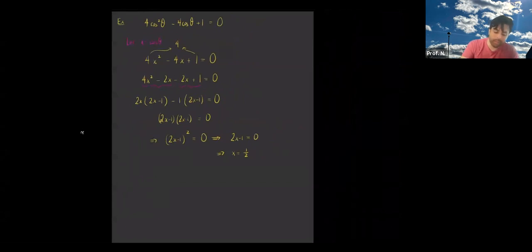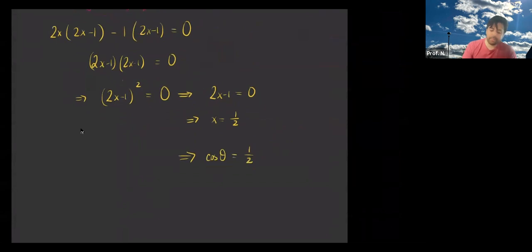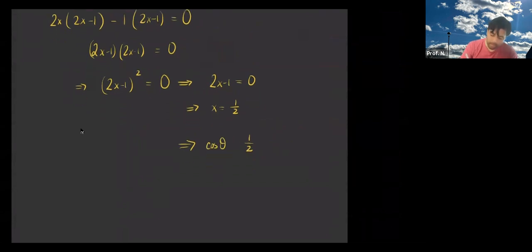But remember, what does x represent? X represents cosine, so I really got that cosine theta equals 1/2. And what angles give me 1/2 for cosine?